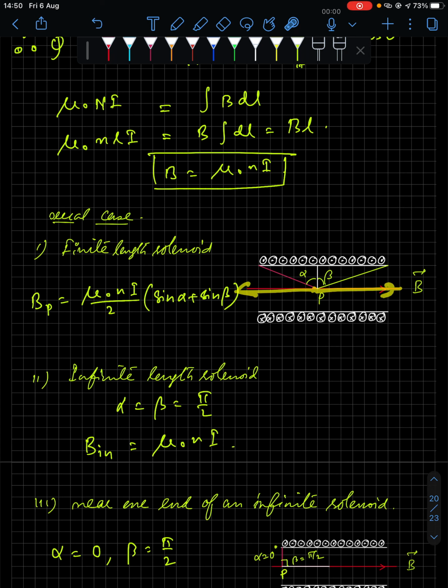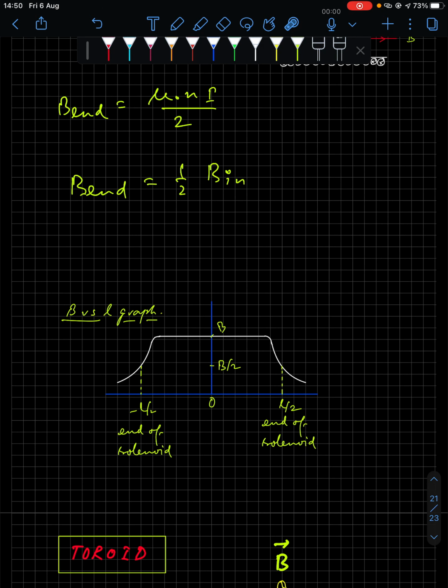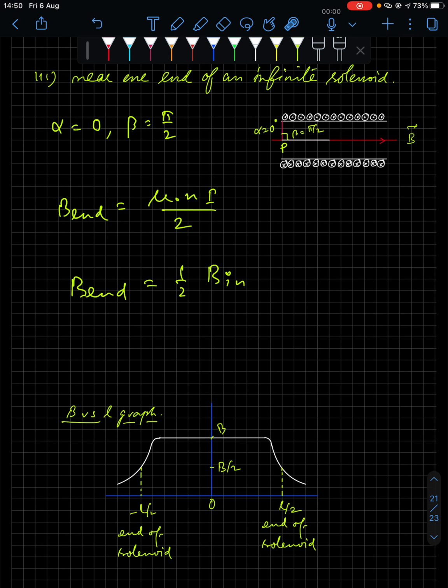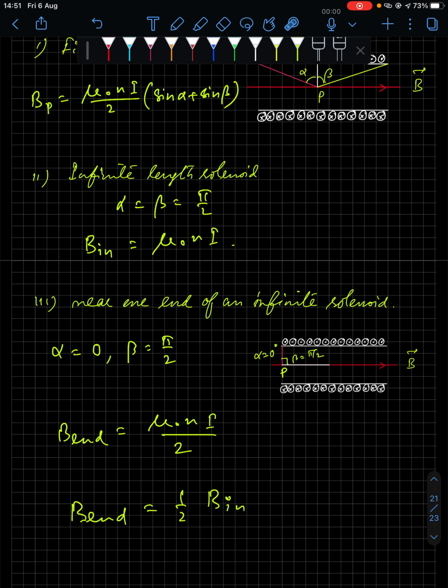Towards the right this will be length L, towards the left this will be length minus L. I made a mistake. Okay, it should be total length is L, then towards the right it should be L by 2 and towards the left it should be minus L by 2. That is more appropriate.